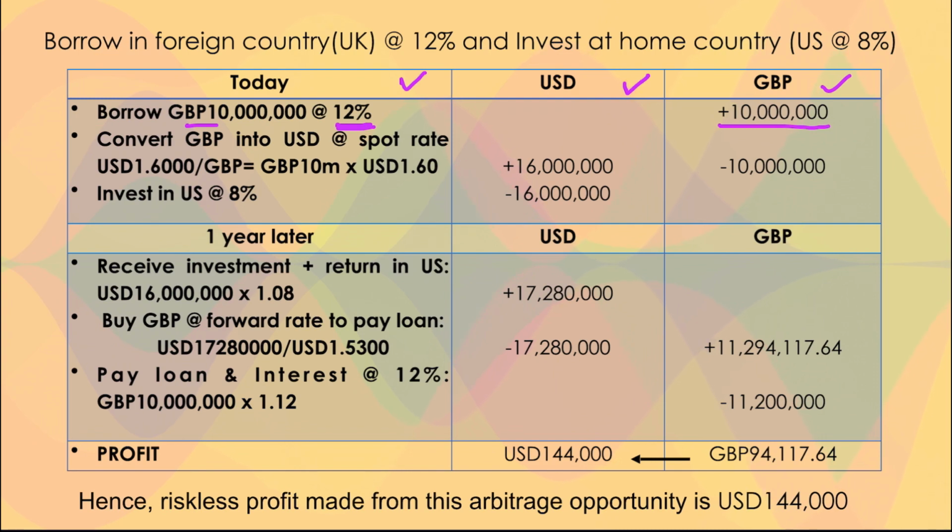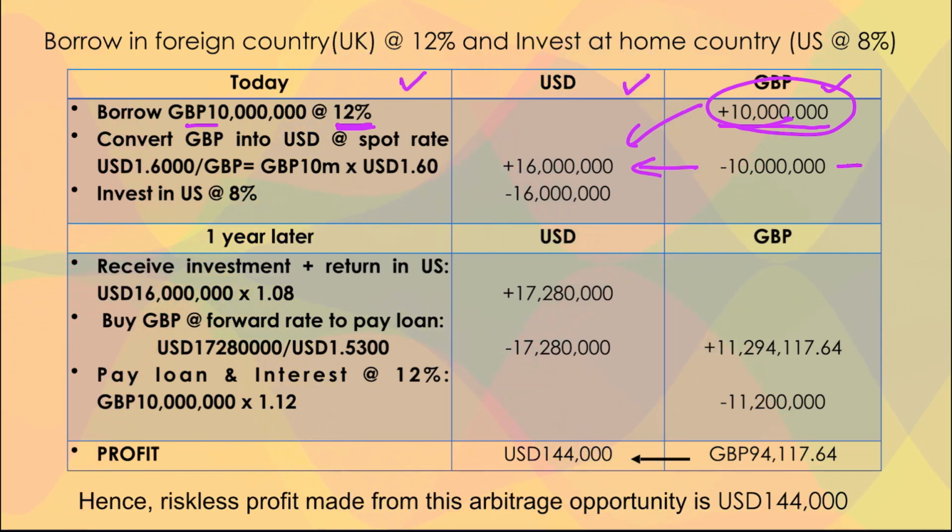And now we want to invest in home currency, so you have to convert this value into USD. So we minus 10 million because 10 million GBP already goes to US dollar.